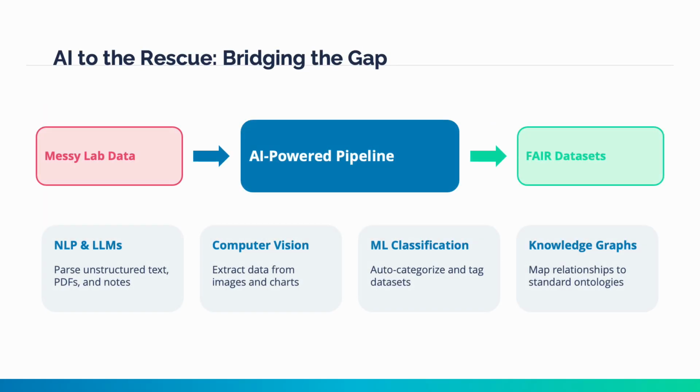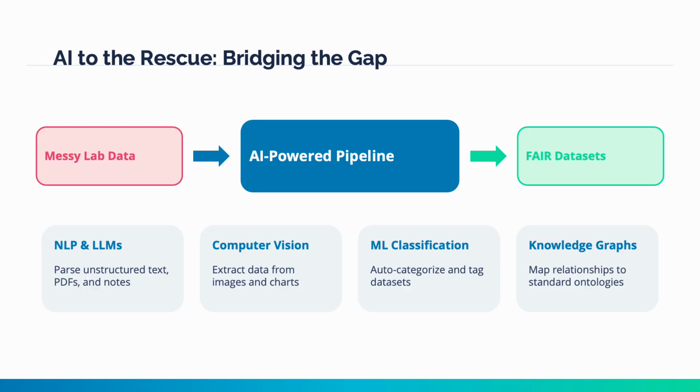This is where artificial intelligence comes in. Think of it as a bridge between your messy, raw data and clean, compliant datasets. The pipeline works like this. Messy lab data goes into an artificial intelligence-powered pipeline, and what comes out the other side is a structured, standardized, compliant dataset. There are 4 key capabilities that make this possible.